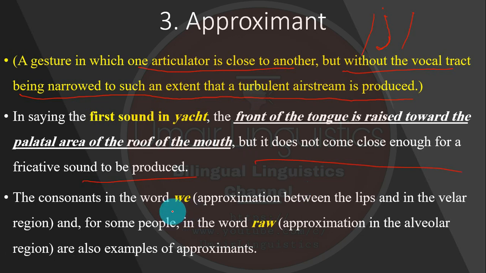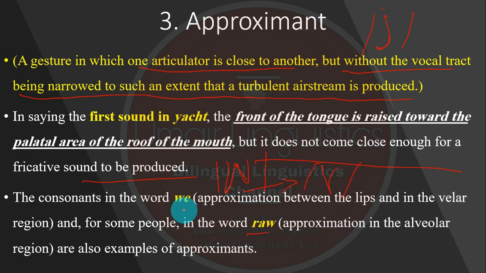Similarly, sometimes the consonant in the word we, shown by this symbol, and for some people, the beginning of the word raw, or in other words the r sound, both of these sounds are also known as approximants.